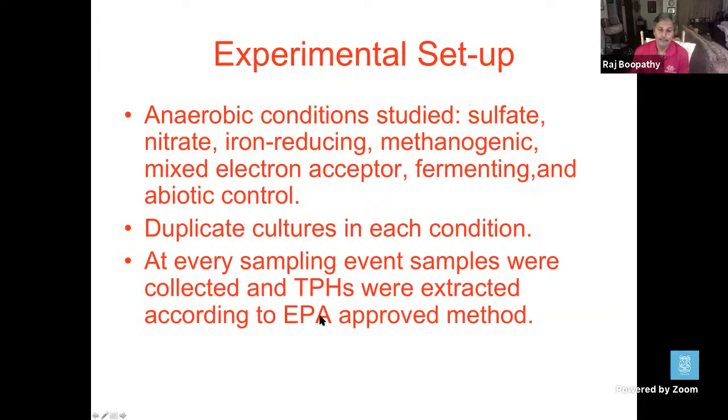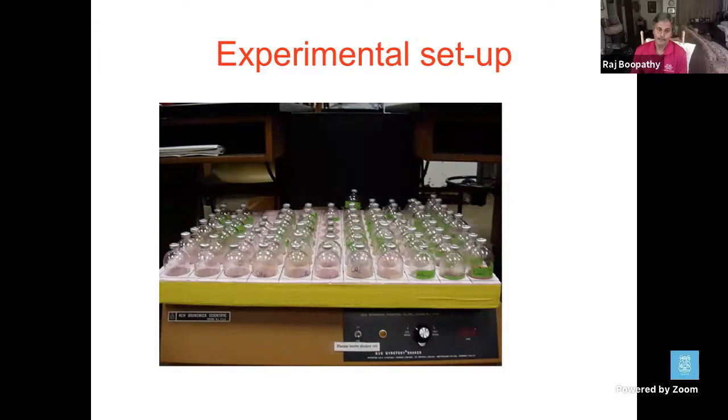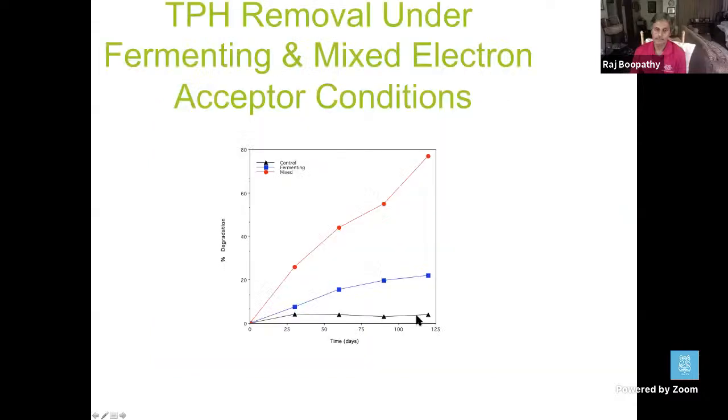And then at every sampling event, we sacrificed each duplicate bottle and measured the total petroleum hydrocarbon. So we set up the condition, took the whole bottle every week, and did the analysis. We followed the EPA protocol, with the experimental setup showing different culture conditions in a big shaker.